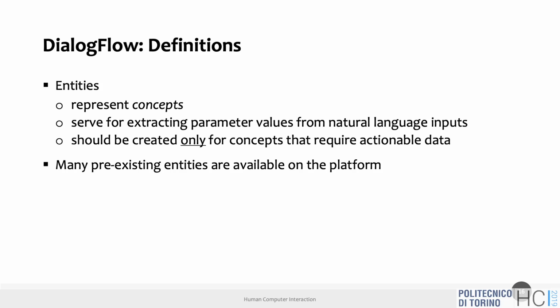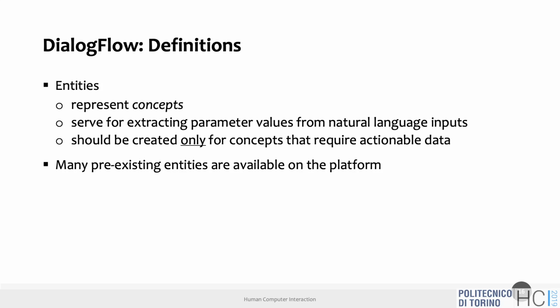You can create them if you need a new concept that is not already present or that is really suitable and personalized for your application. And they serve for extracting parameters from natural language input. What's the weather in Turin? What's the weather today in Turin? We can have two entities: today, that can be treated as a date, and the city, that is Turin.